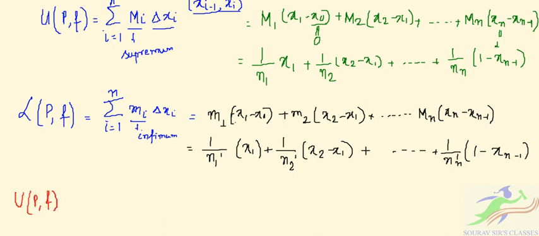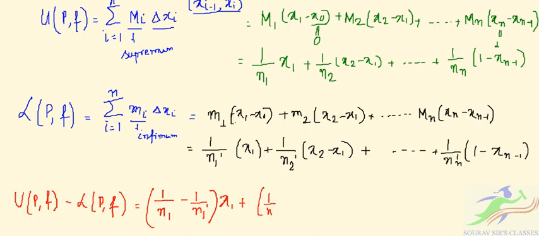we have this U(P,f) minus L(P,f), and if we take the difference between them, it will be (1 by n_1 minus 1 by n_1 dash) of x_1 plus (1 by n_2 minus 1 by n_2 dash), so it will be (x_2 minus x_1), and we can do it up to (1 by n_n minus 1 by n_n dash) times (1 minus x_(n-1)).